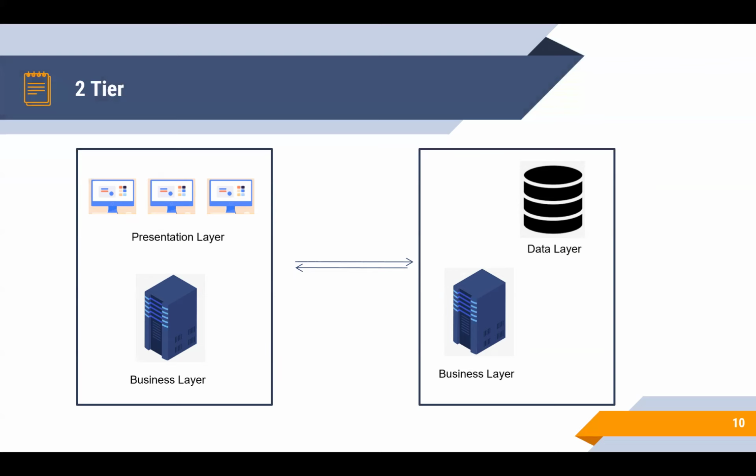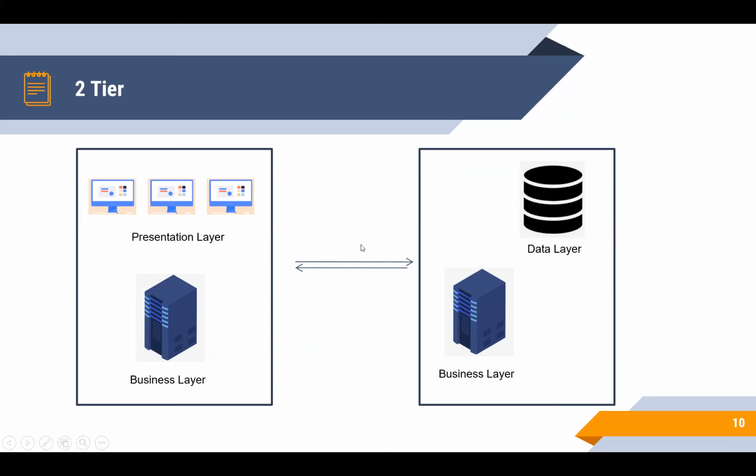If I take a very simple example, you have developed one application for library management, or for hospital management. So what you will do? You have one machine where you have kept your presentation layer and business layer, and another machine where we have kept what? Where we have kept the database.